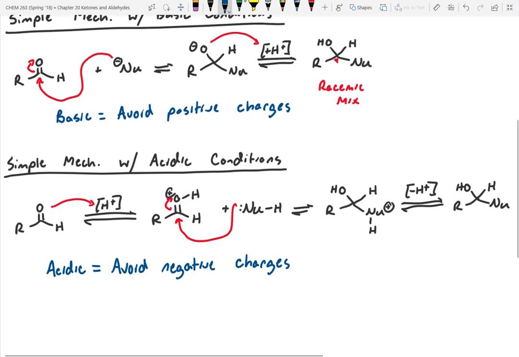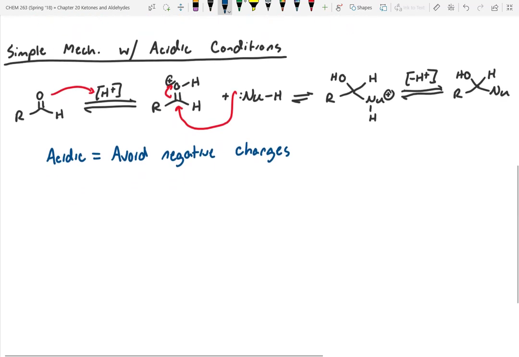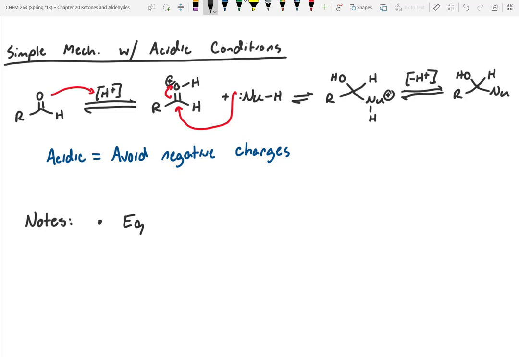Okay. There are some notes that I want to keep track of for both of these reactions. One is it is equilibrium conditions, meaning it's not a one-way arrow, it can actually go back and forth.